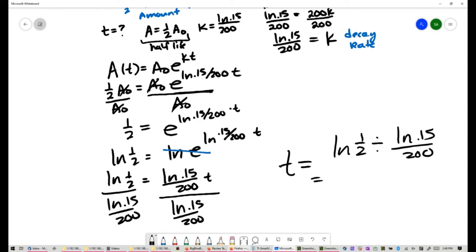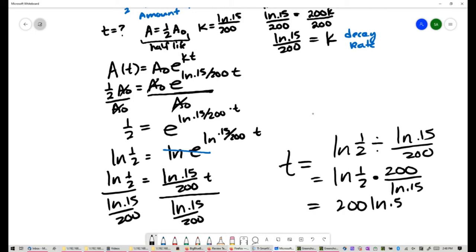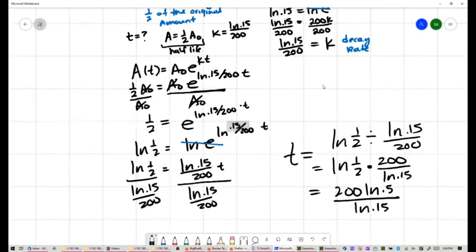When we're dividing fractions, we multiply by the reciprocal. So that's natural log of 1/2 times 200 over natural log of 0.15. So we can write this as 200 natural log of 1/2 over natural log of 0.15. Let me zoom out. We'll type that in our calculator.